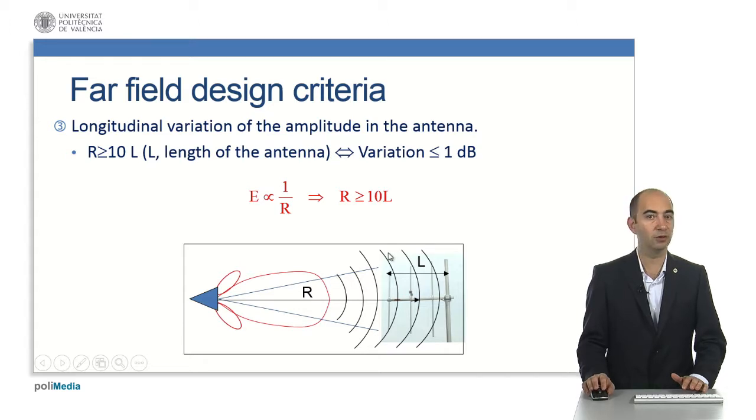Of course, in outdoor ranges, this is not a problem, but we will see later that we can get far-field conditions in indoor ranges, in anechoic chambers, for some specific frequencies. And maybe you can have some problem with this. Basically, the condition is that the radial distance should be larger than 10 times the length of the antenna under test.